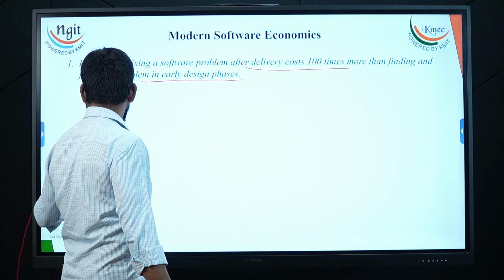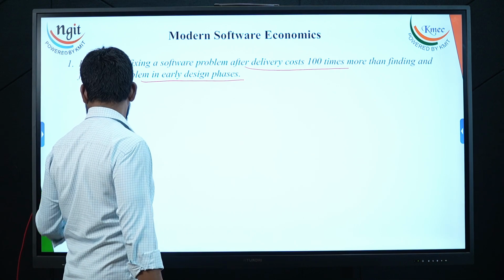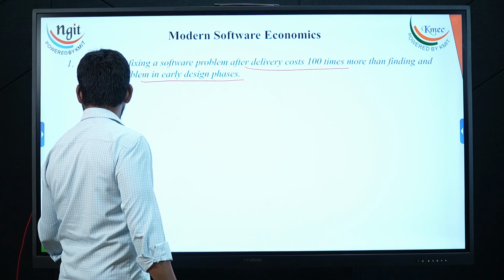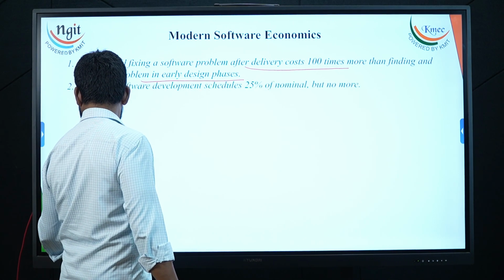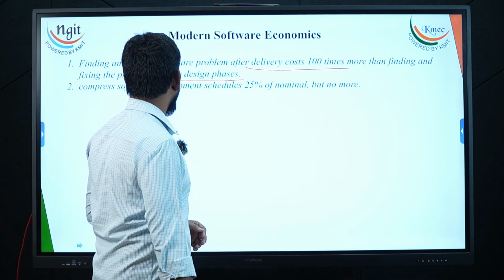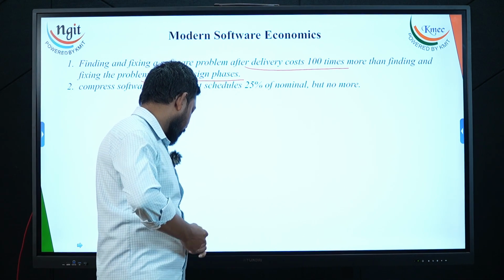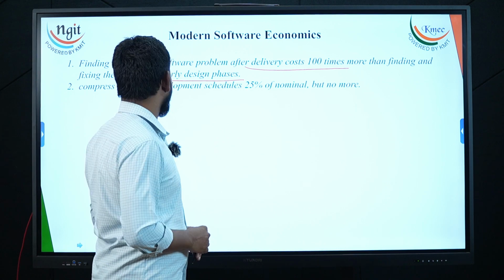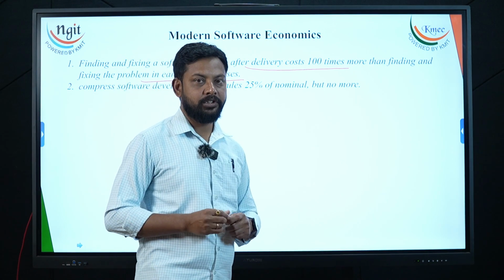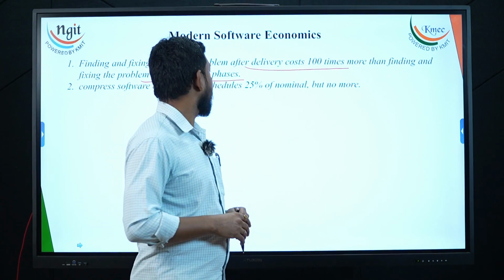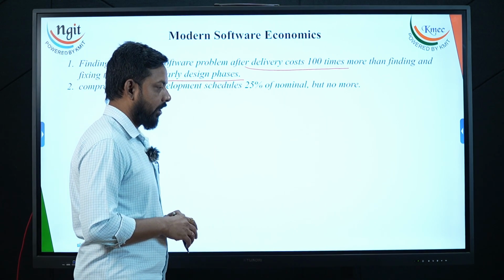So second, compress the software development schedule by 25% of nominal, but not more. Here, what the modern software approach is doing is that you can hardly compress only around 25% of the total software development schedule.